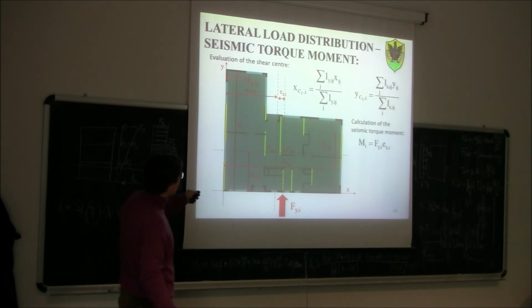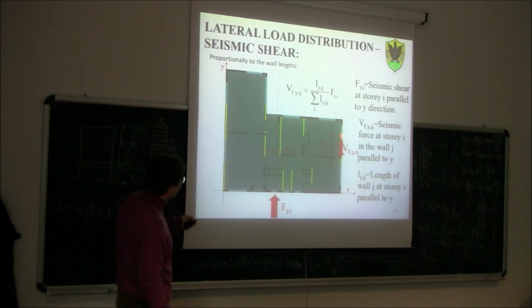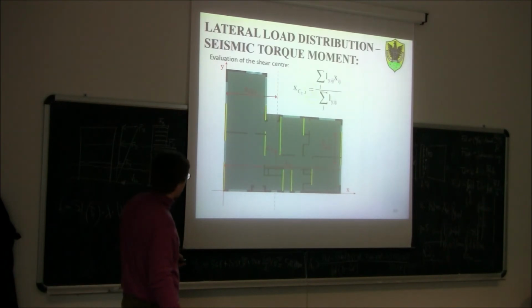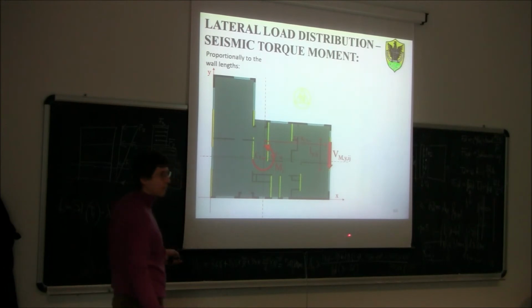And with this formula, I'm going to calculate the center of stiffness, and then for each wall I superimpose the shear in the wall due to the total shear force applied in the center of stiffness with the shear in the same wall due to the torque bending moment related to the fact that there is an eccentricity between the center of mass and the center of stiffness.